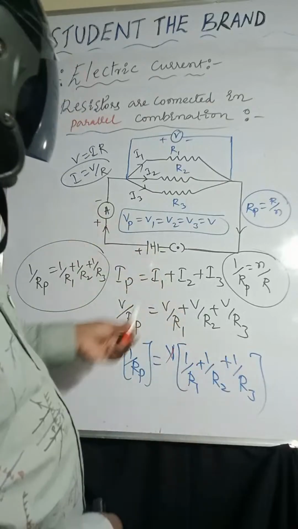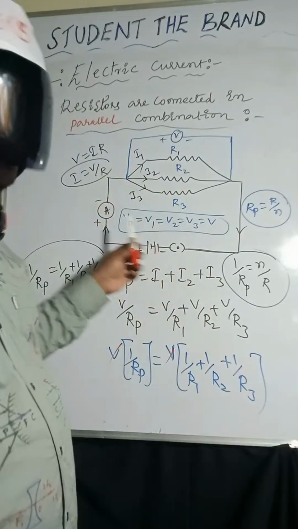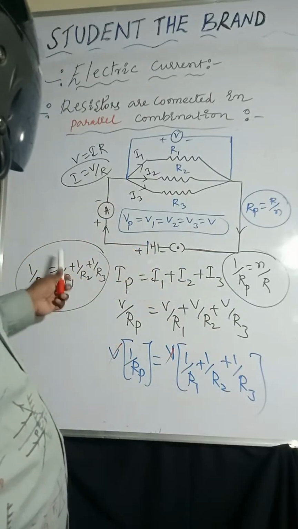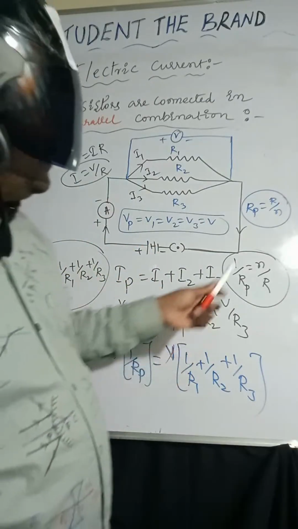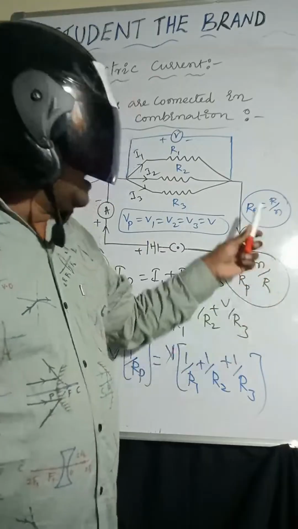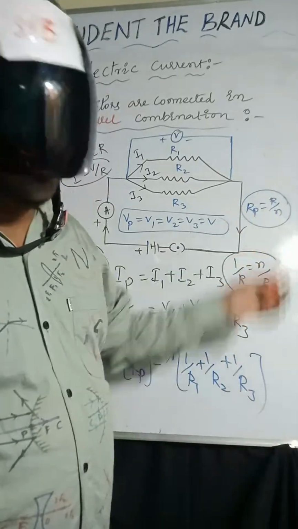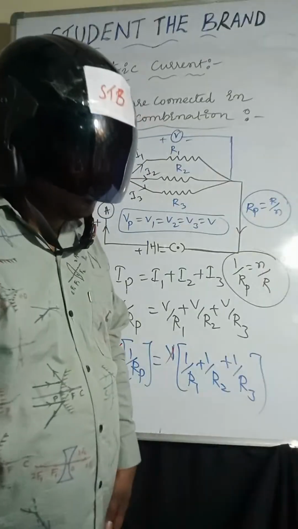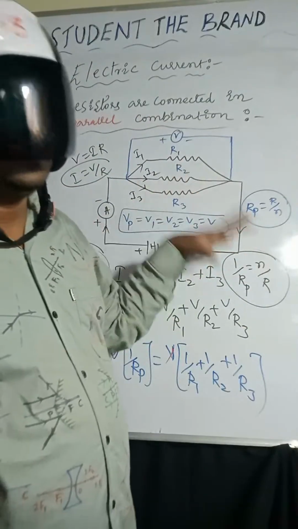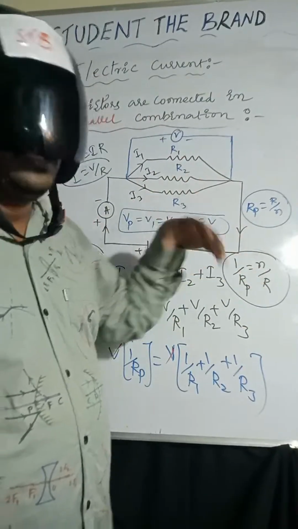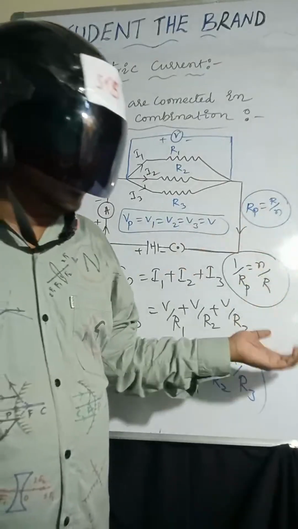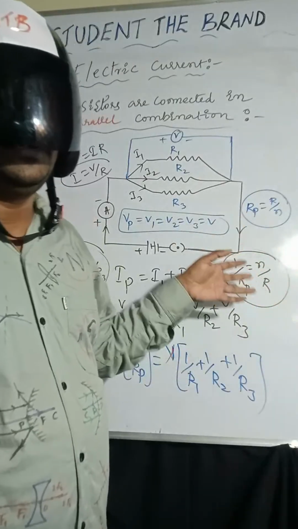If resistors are connected in parallel combination, 1 by Rp equals n by R, so Rp equals R by n. I hope it is very clear. So this is about resistors connected in parallel combination. I already mentioned resistors connected in series combination. I hope it is very clear.